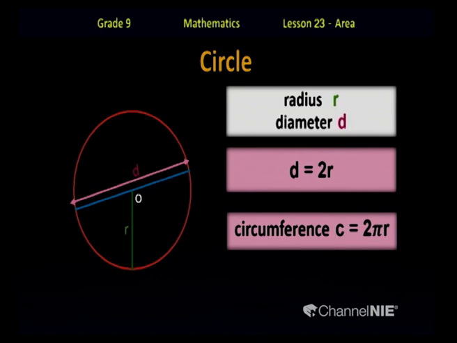Here it is named as O. And radius. Radius is the distance from center to a point on the circle. It is denoted by simple r. We know diameter. Diameter is twice radius. So we can write diameter d equals 2r.